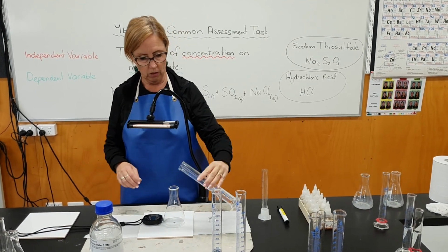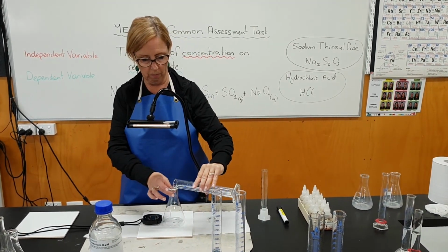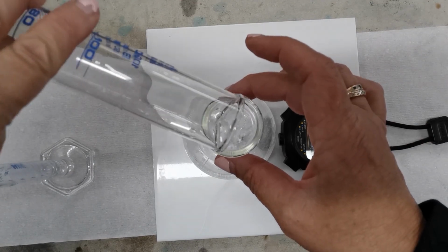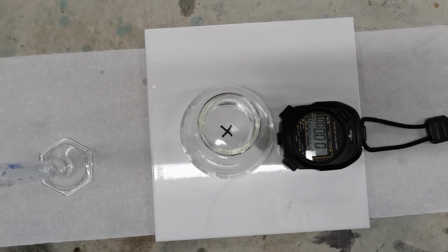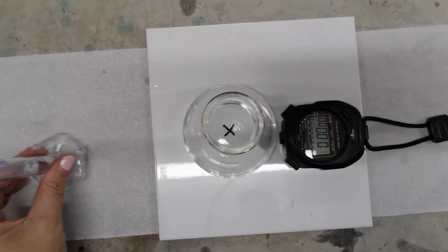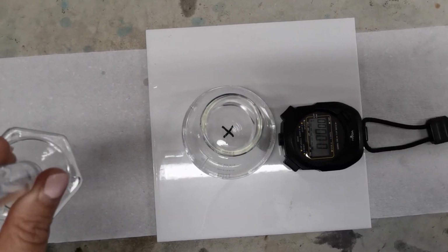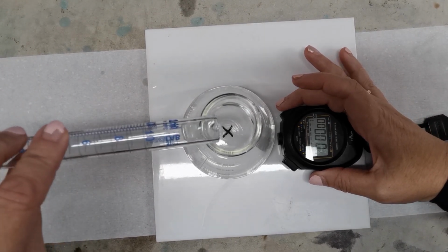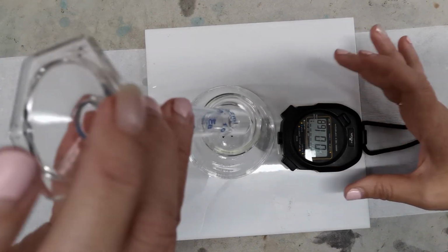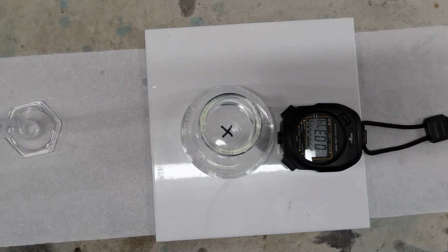Put this one in first, ready. Okay, see if I can do better than last time and record this as soon as I put it in. Okay, we're just going to wait until the cross disappears again.